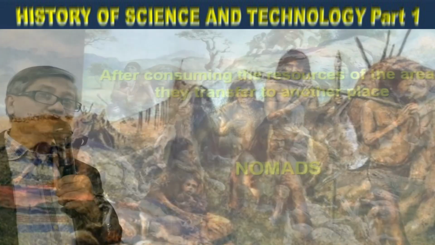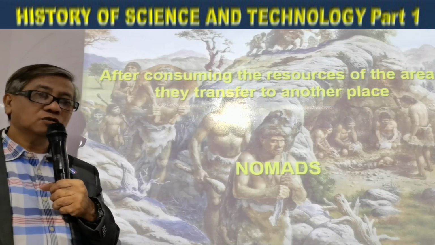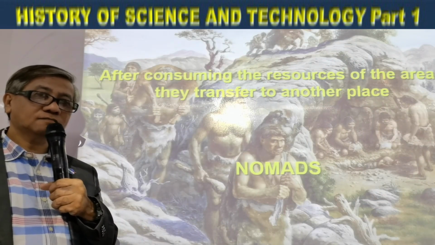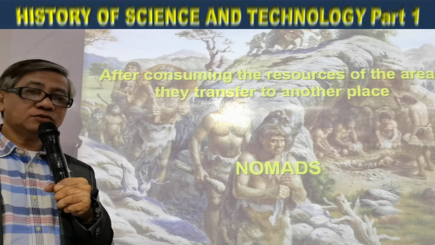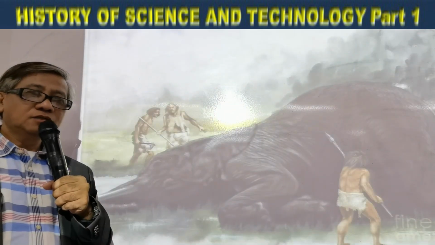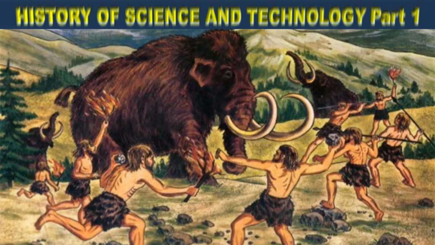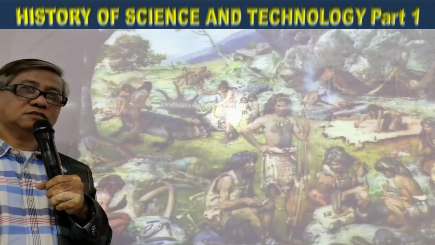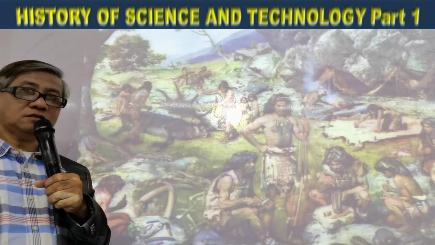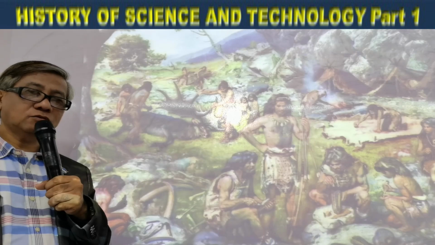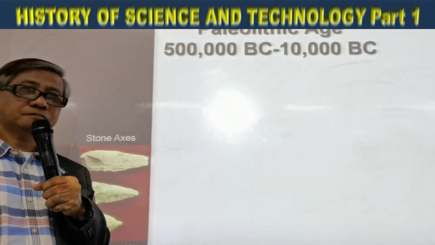They were nomads. So they hunted animals and also gathered plants. Alright, so that's how we characterize the Paleolithic age or the Old Stone Age.